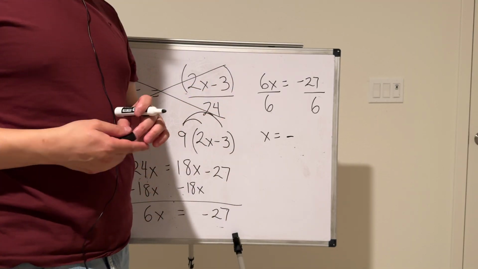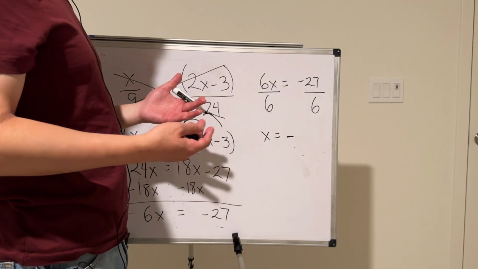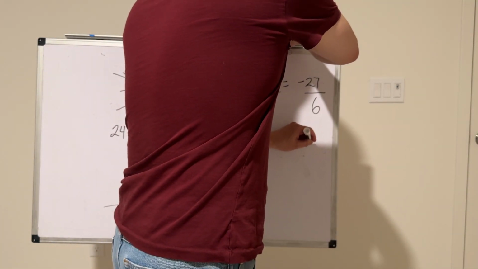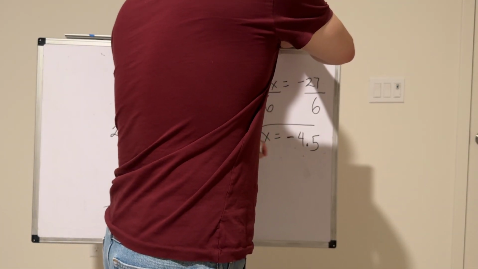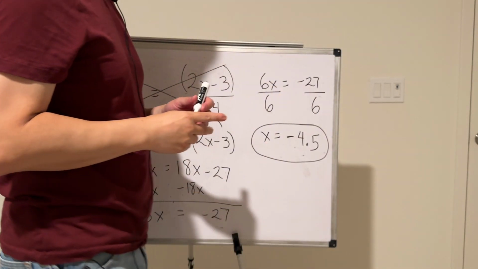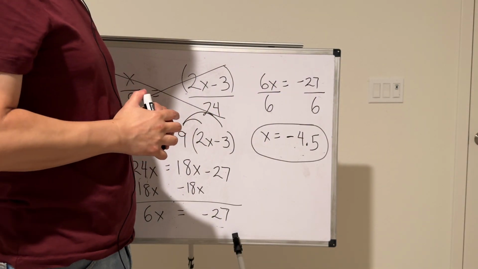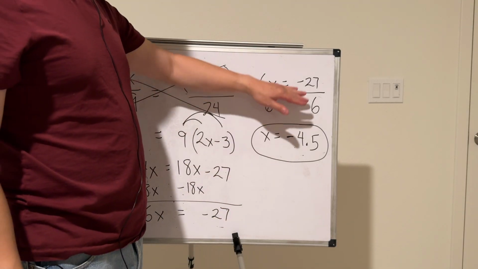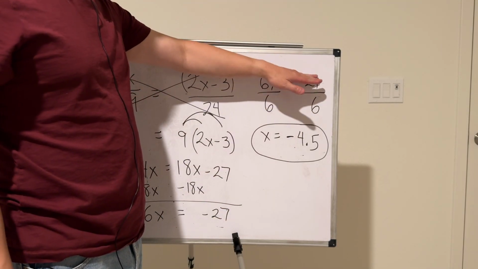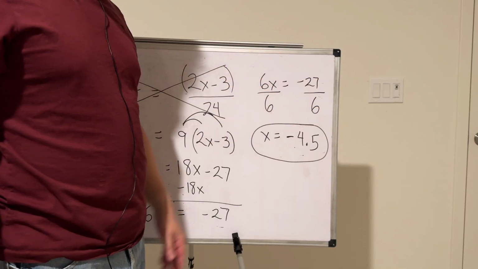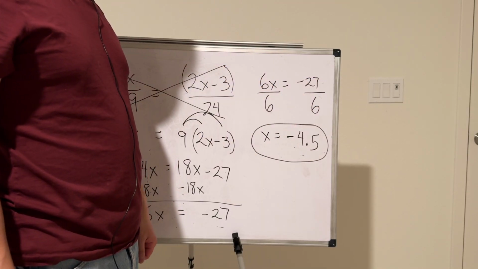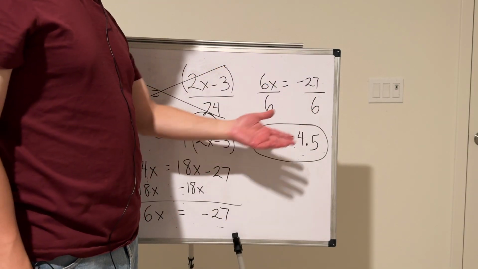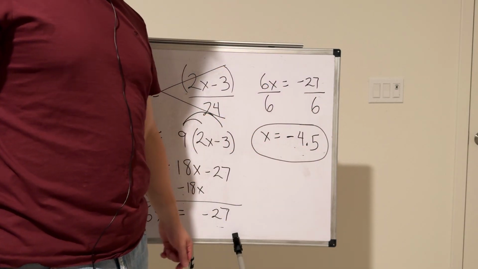And you can put this in your calculator, but without putting it in my calculator, you can arrive at the answer of 4.5 by realizing that 27 is divisible by 3, 6 is divisible by 3, and this would reduce to a fraction of 9 over 2, and 9 halves is just another way of saying 4.5.